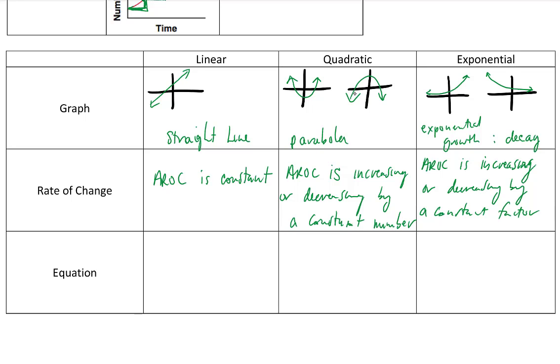So recall, a linear equation is y equals mx plus b, or what we could use, ax plus b, where the a is going to be your average rate of change, and your b is your initial value.